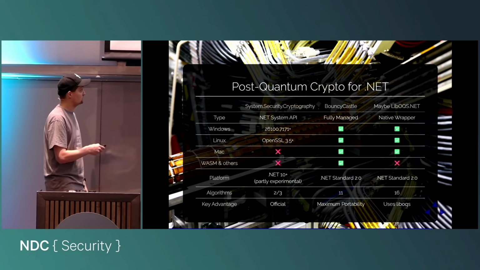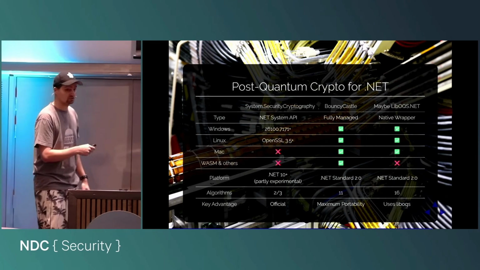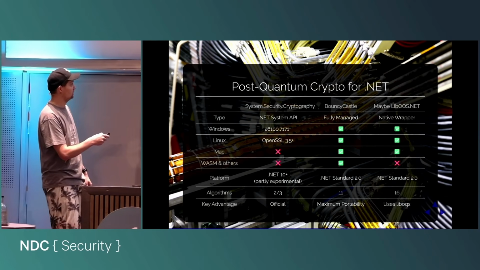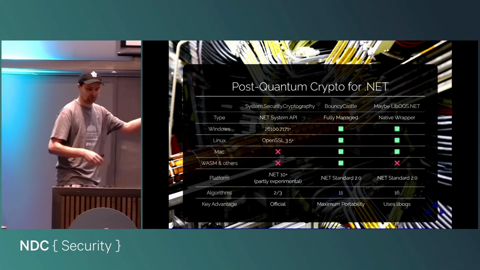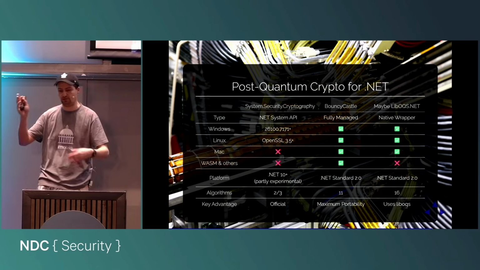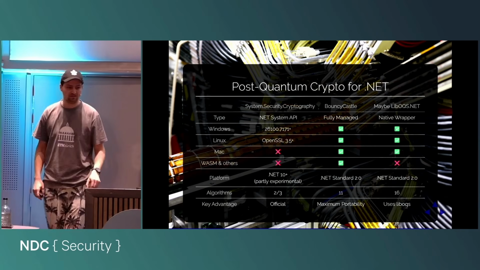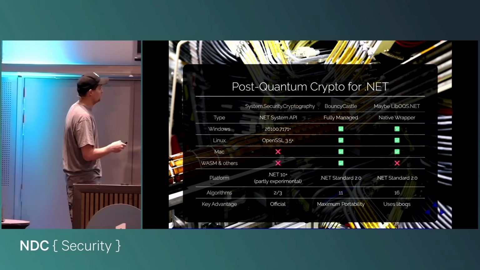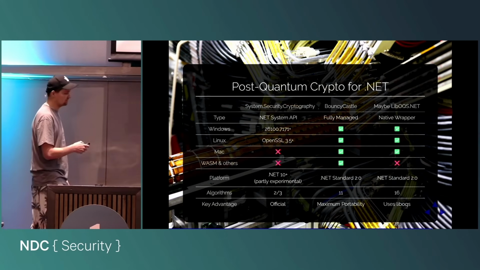With Bouncy Castle, it's a fully managed implementation. It will be the slowest because of this. But because it's fully managed, you can put it everywhere, right? So you can put it into WASM or into some esoteric, I don't know, Xamarin out of support for a year and a half, you can still put it there. And there's 11 algorithms last time I checked.